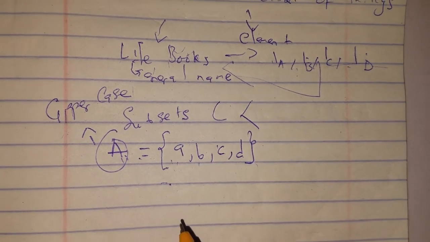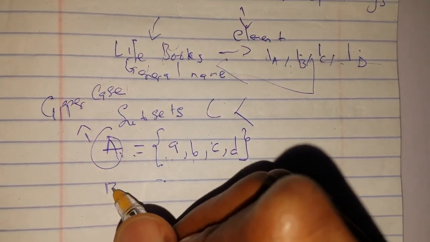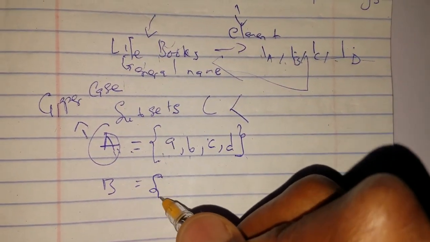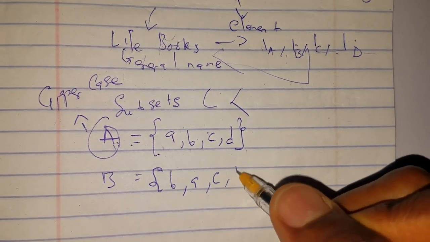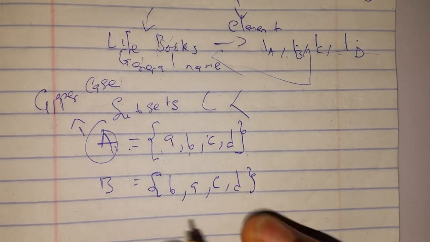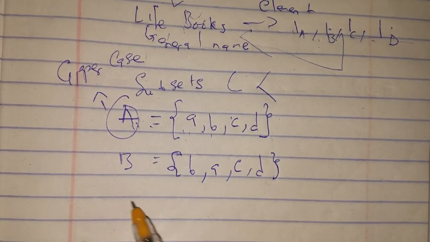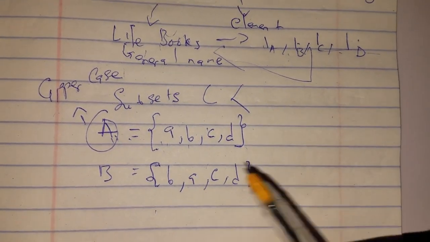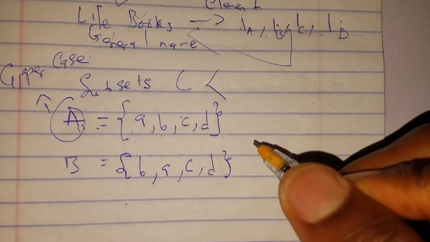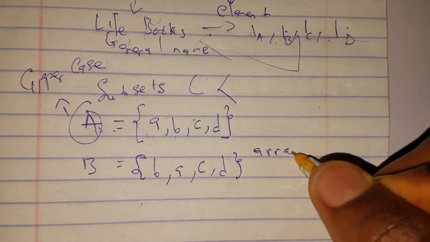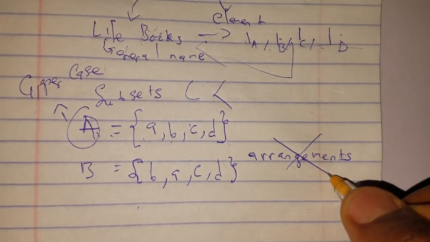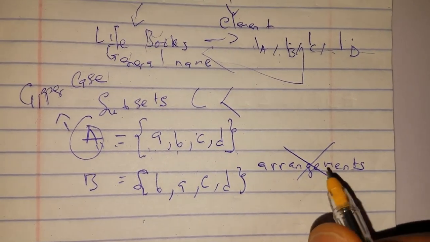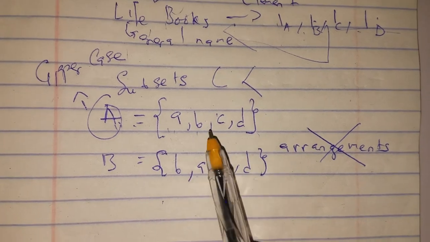Okay, now moving on. Let's say we have another set B, and let's say the elements in B are B, A, C, D. Now if you have watched my recent video, you would realize that arrangements in sets don't matter. What actually matters are the elements in the set.